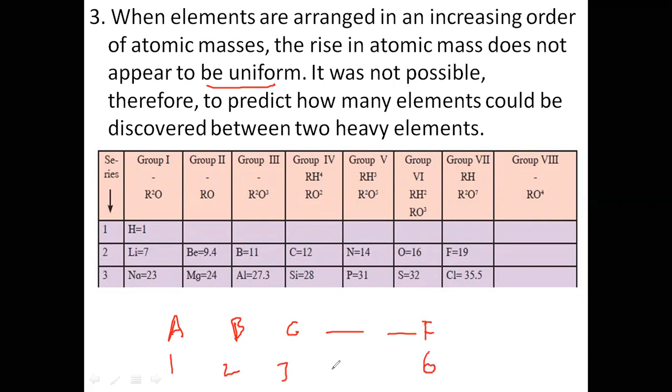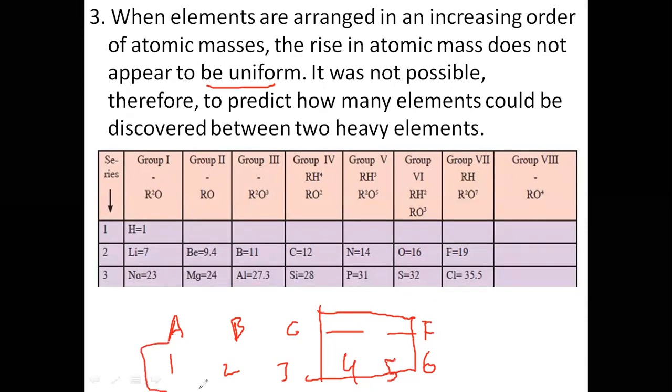Can you predict the elements in between and their atomic numbers or atomic masses? You can write 4 and 5. What you did is you saw some uniformity: 1, then 2, then 3. So there is always a plus 1. This is called uniformity. This is just a general example.